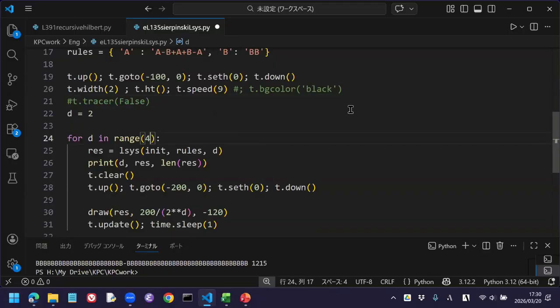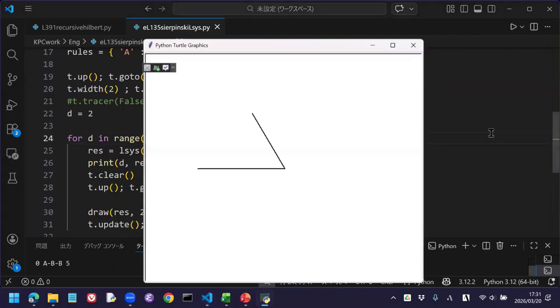Okay, so let's take a look. 0, 1, 2, 3. It looks like an interesting order in which to draw the gasket.